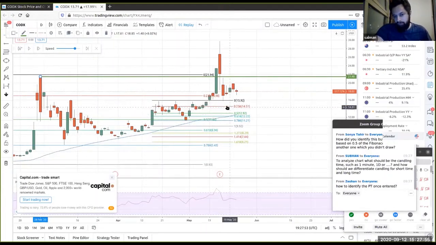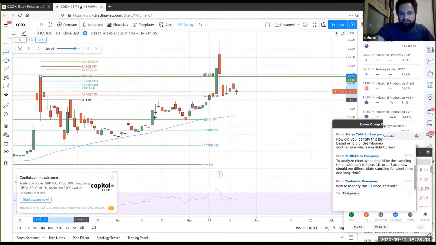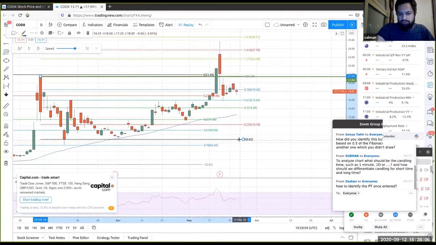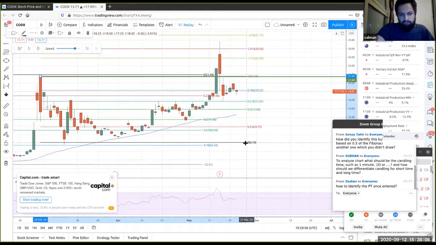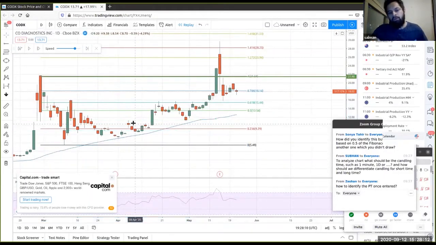Another strategy which I use to find the PT is this. I usually go for the extension zones. Let's see if I can do it. Yeah, I go for 78.6 here, I go from 7 to 78.6 of before, and find the extension zones here.